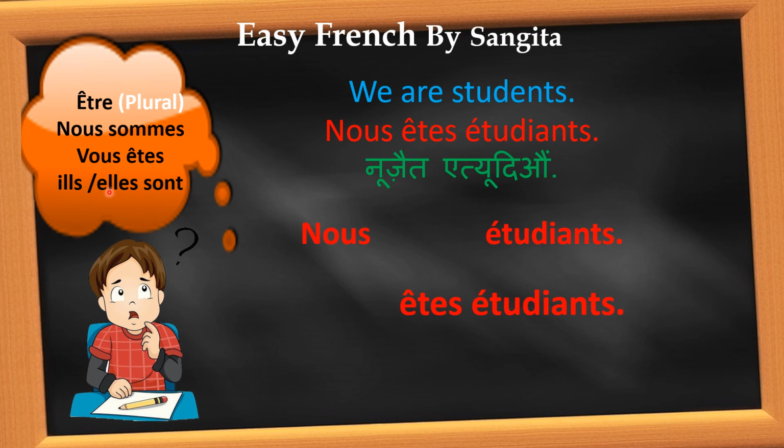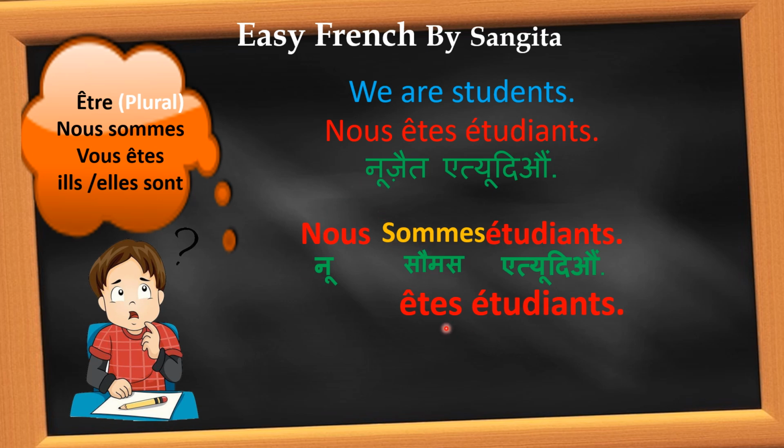In the nous form, it is sommes. Nous sommes means we are. So with nous, what are you going to add? Sommes. So it will become nous sommes étudiants. Means we are students.